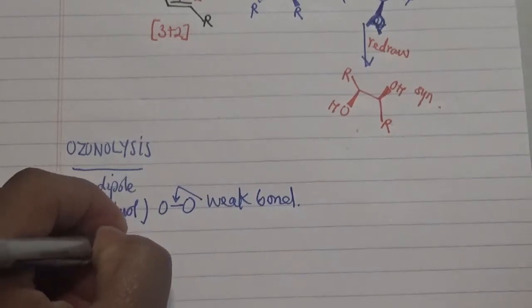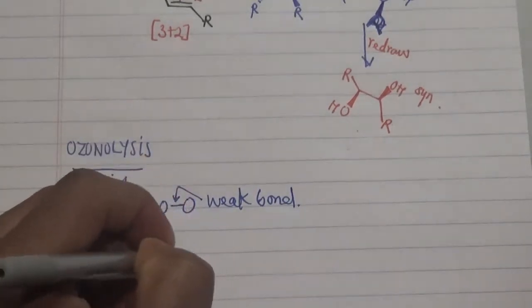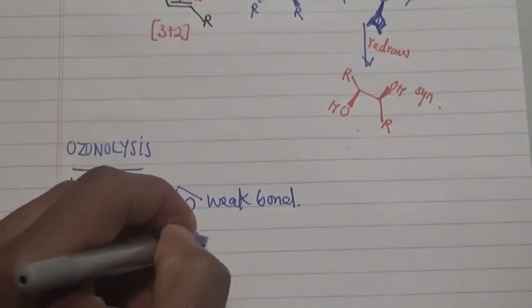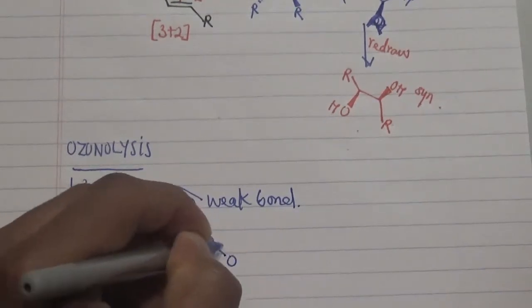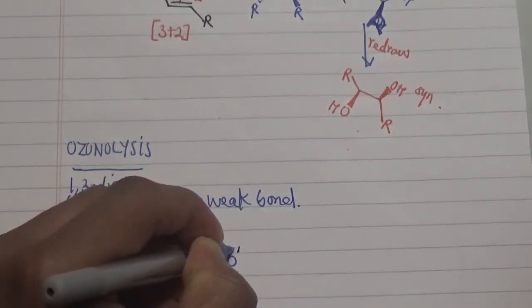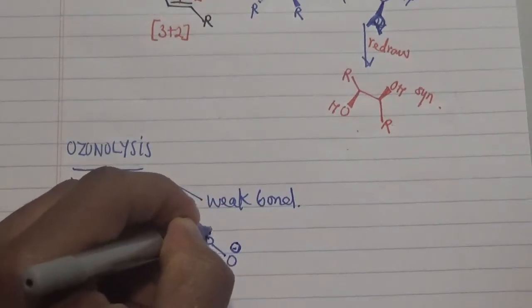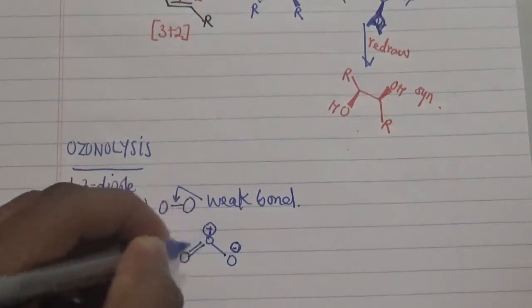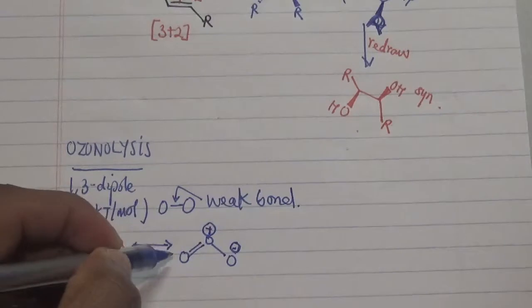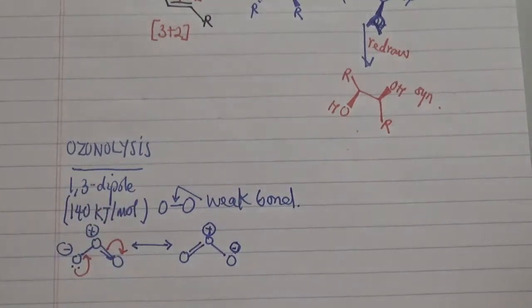Now what we have is a resonance where we have this other species going in the opposite direction, going back and forth, with the positive charge still at the center, but the negative charge moves from this oxygen to the other end of the oxygen.